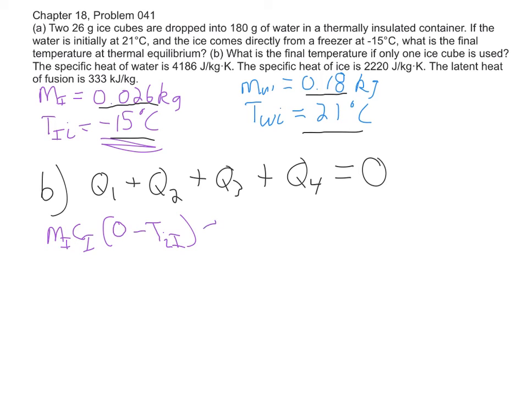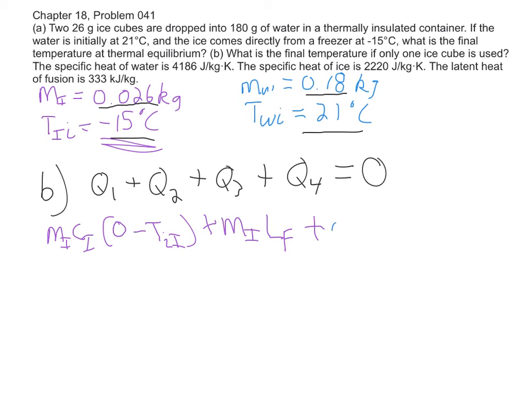Q2, again, we said was the melting of the ice, so plus the mass of the ice multiplied by the latent heat of fusion for the ice. Again, we decided all of the ice is going to melt, plus, now we got Q3, so that's our water. I'm going to switch my colors to keep organized.